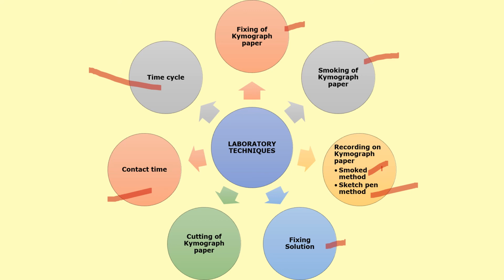After completion of 120 seconds you are going to give the first wash, and after every interval of 60 seconds you are going to give washings to the isolated tissue preparations with the help of your physiological salt solution, and after completion of 30 seconds you are going to give the second dose of the drug. That is known as time cycle. These are the various laboratory techniques which are used in pharmacology practicals.